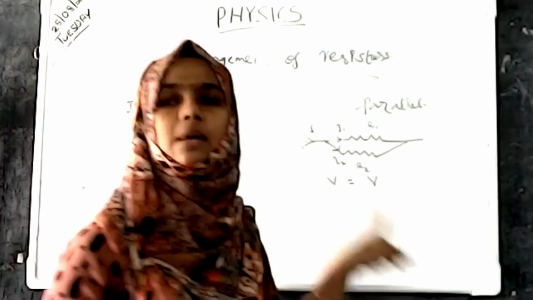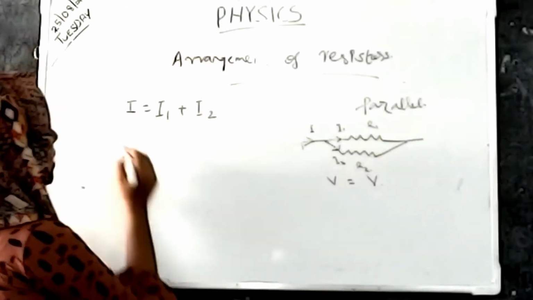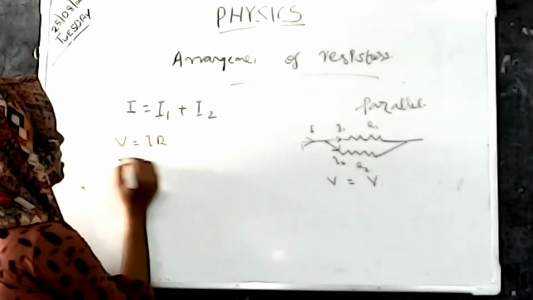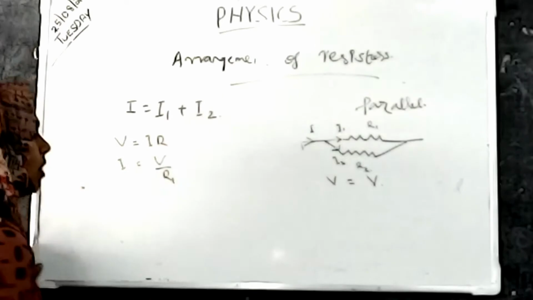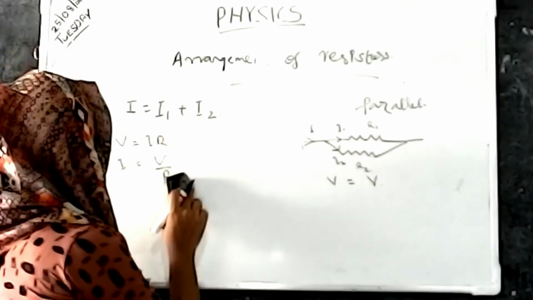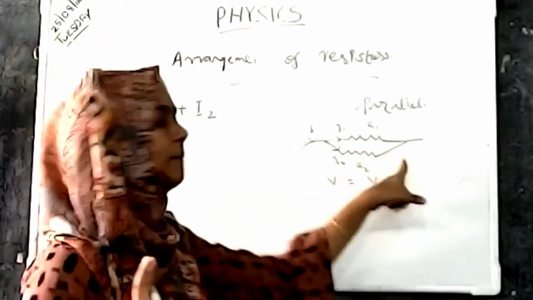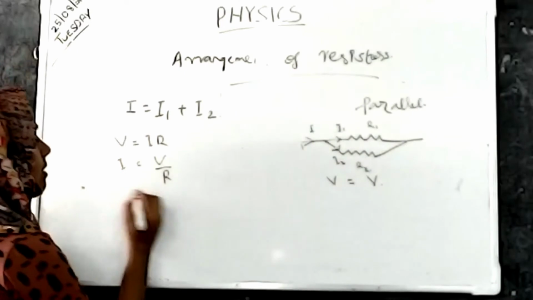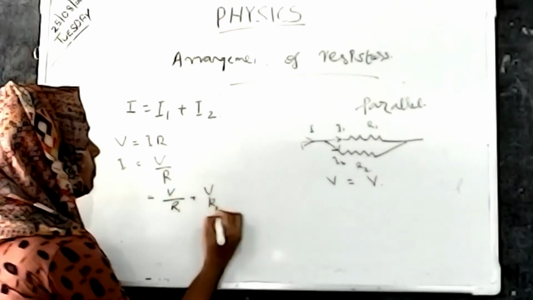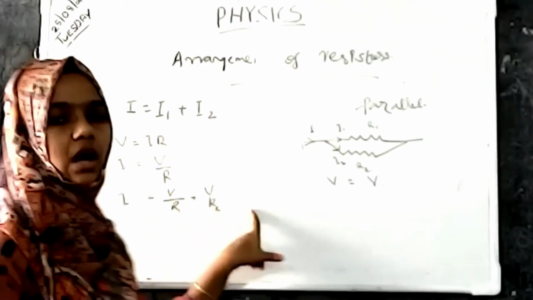And here the potential difference is the same, V equals V. From Ohm's law, V equals IR and I equals V by R. Here there are two resistors R1 and R2 connected in parallel. So the current I is equal to V by R1 plus V by R2.